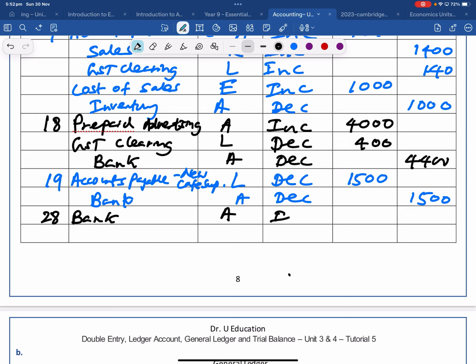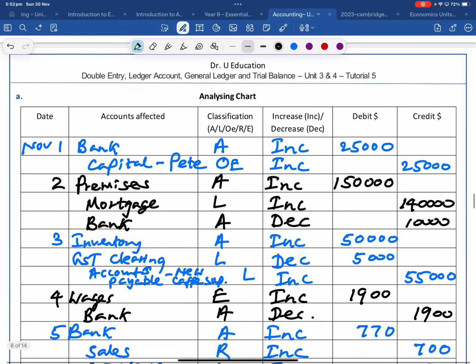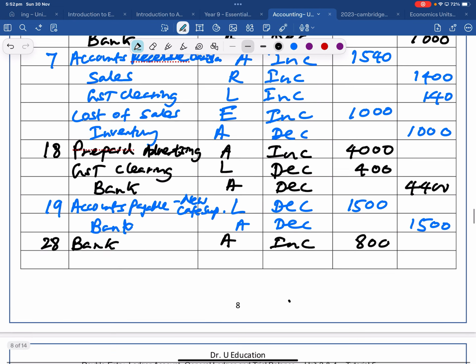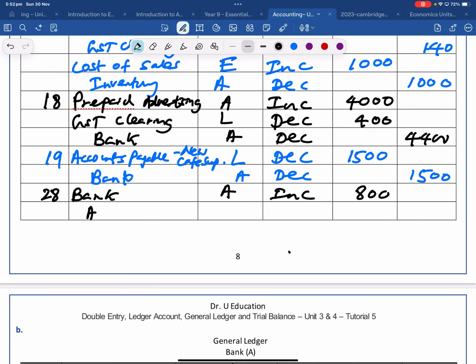Asset. Increase. 800. And then accounts receivable. Receivable decrease. Barista. Asset decrease 800. Credit.